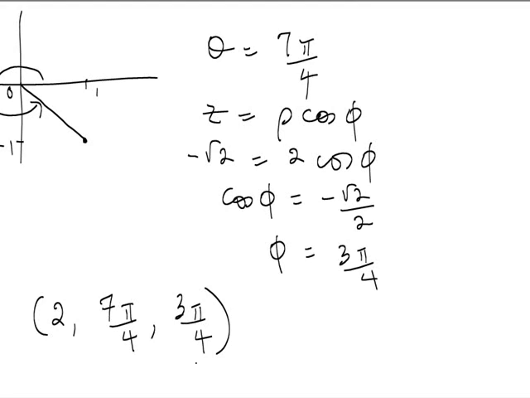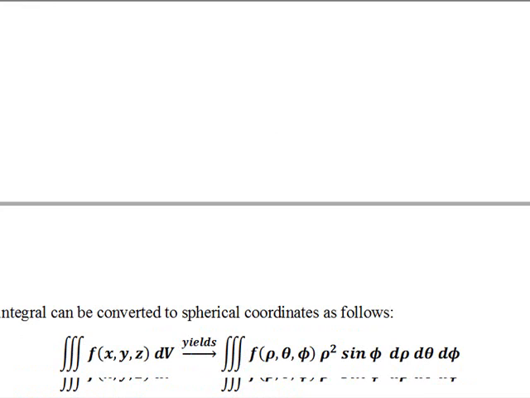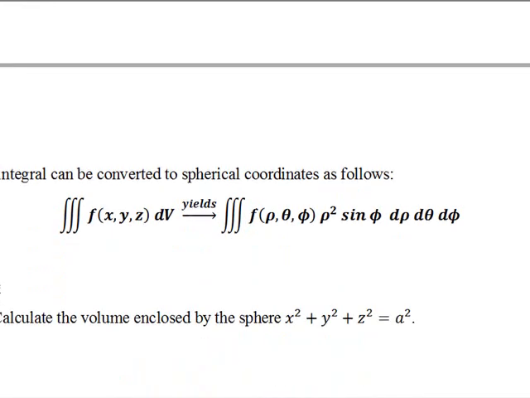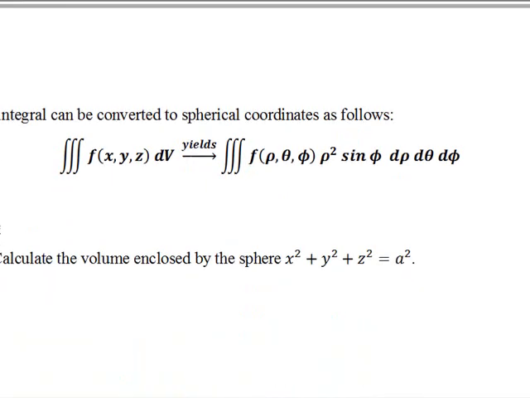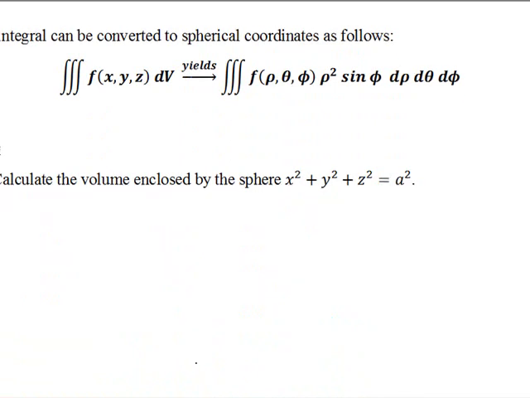Now we're going to do some problems. So first of all, let us see how you convert to spherical. So you do the same thing. Using your formulas, change your x, y, and z to rho, theta, and phi. But you need to multiply by the Jacobian.